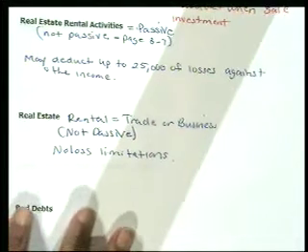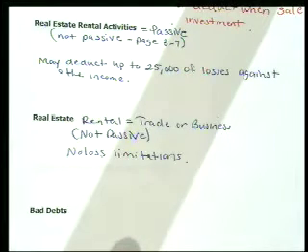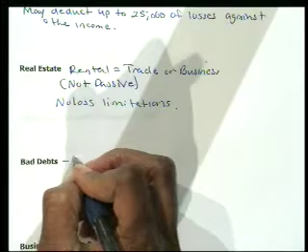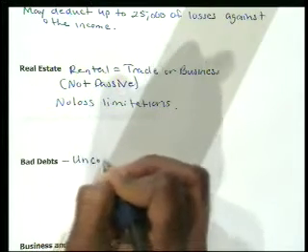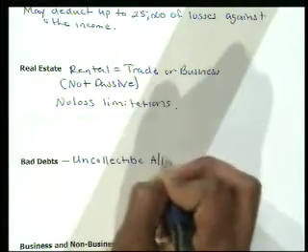Okay, let's move on to your bad debts. Move on to your bad debts that's on page 3-8, your bad debts. Okay. For instance, if we're talking businesses and we're talking bad debts, these are the situations we're probably talking about when you have uncollectible accounts receivable.